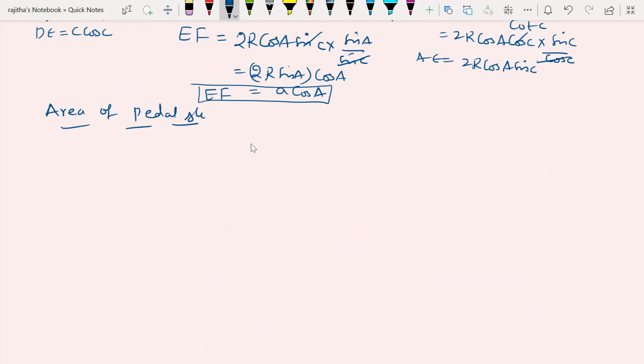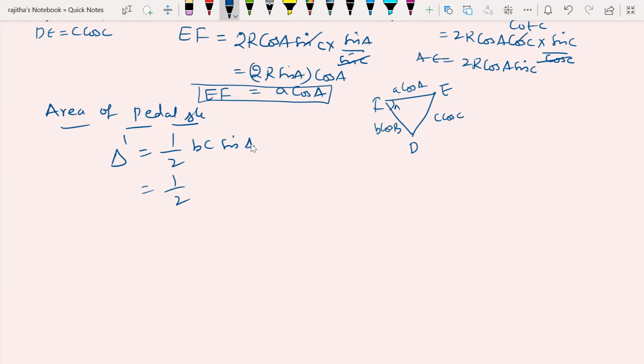You know that delta dash is equal to half of BC sin A. So in this pedal triangle, with vertices F, D, E, the sides are a cos A, b cos B, c cos C, and the angles are pi minus 2C, pi minus 2B, pi minus 2A.